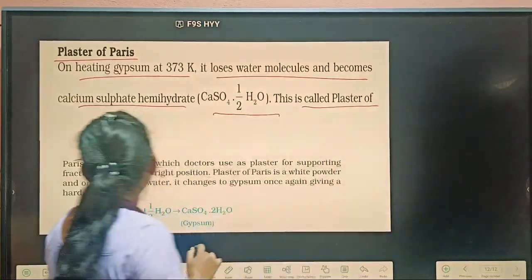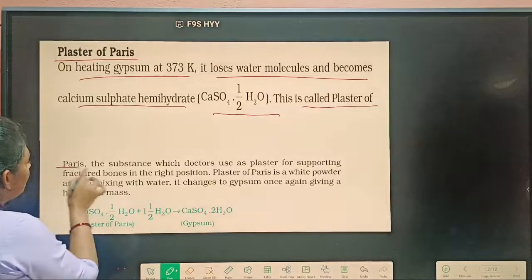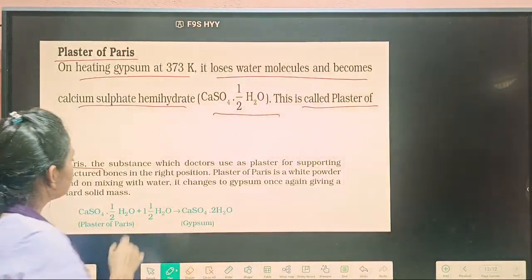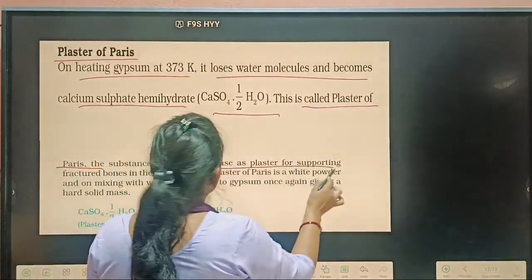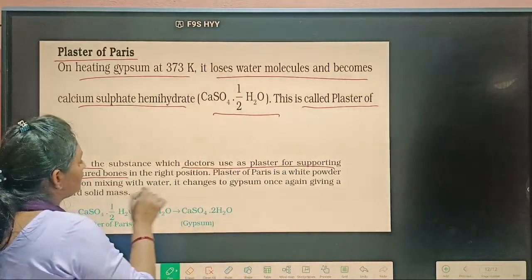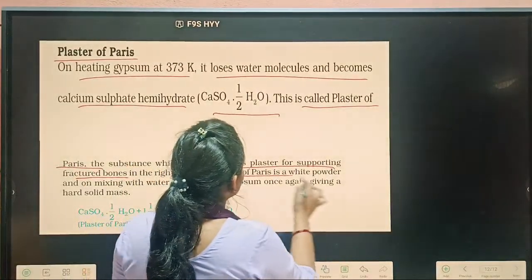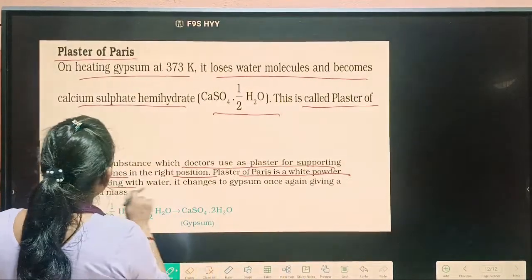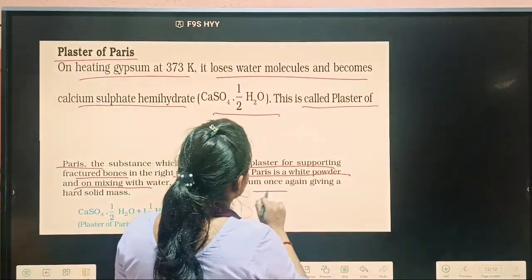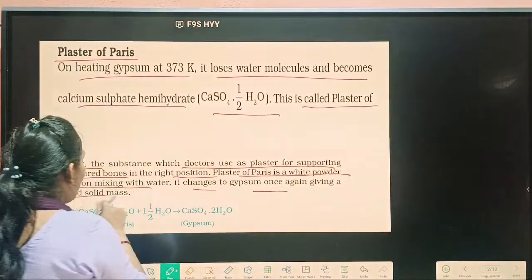This is called the plaster of Paris. Substance which doctors use as plaster for supporting fractured bones in the right position. Plaster of Paris is a white powder, and on mixing with water, it changes to gypsum once again, giving a hard solid mass.